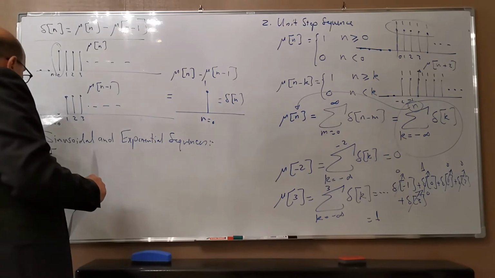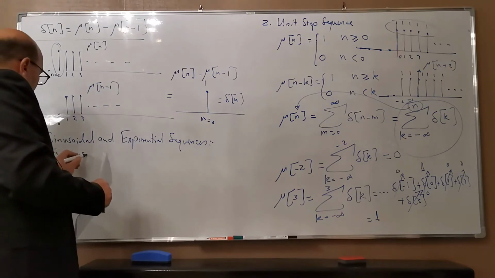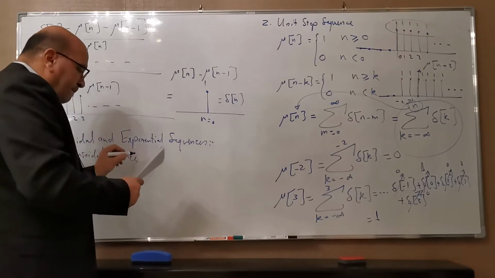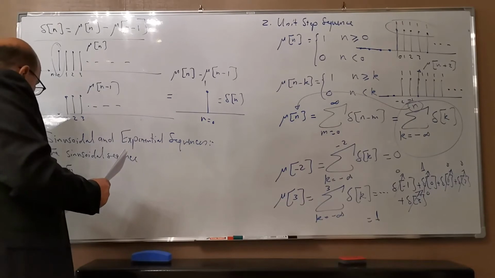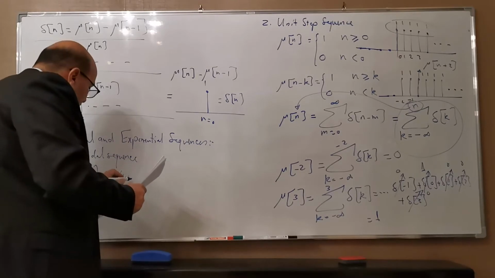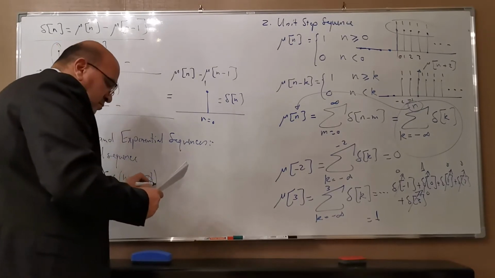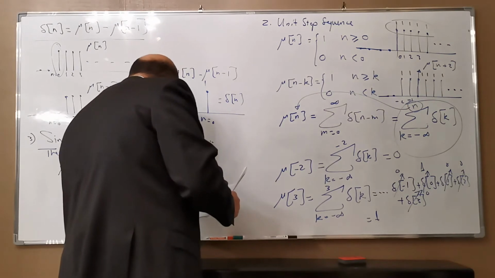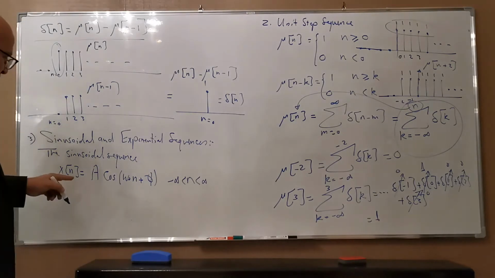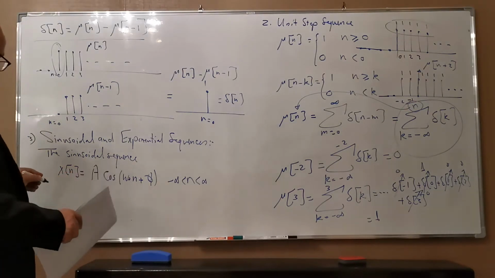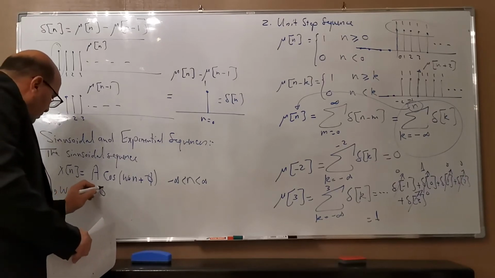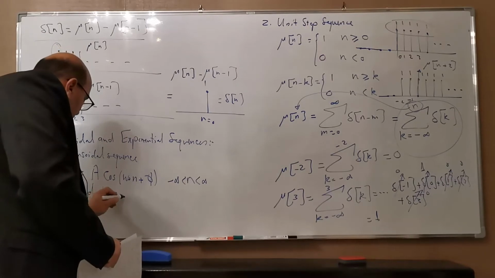The sinusoidal sequence x of n is equal to a cosine omega 0 n plus phi, for all n between minus infinity and infinity, where a, omega 0, and phi are real numbers.